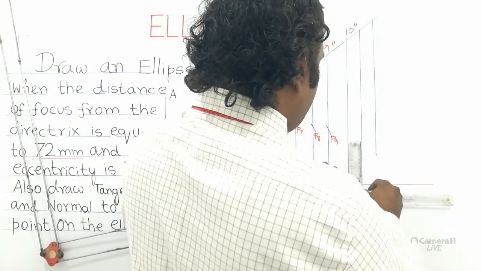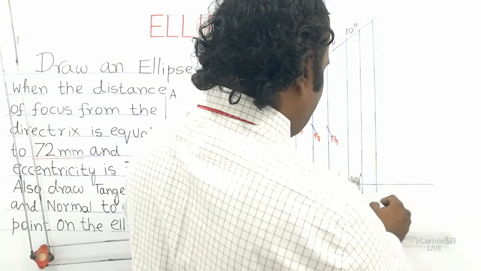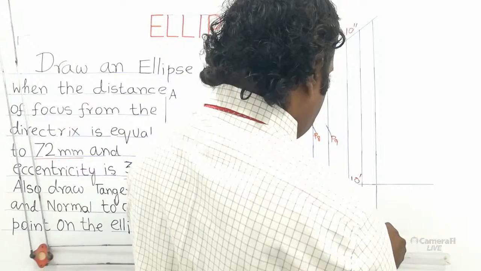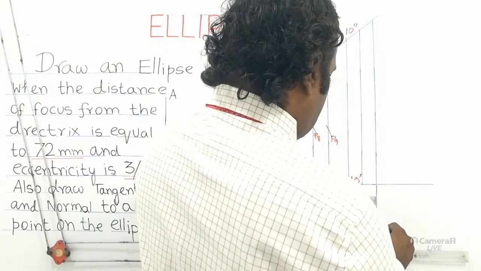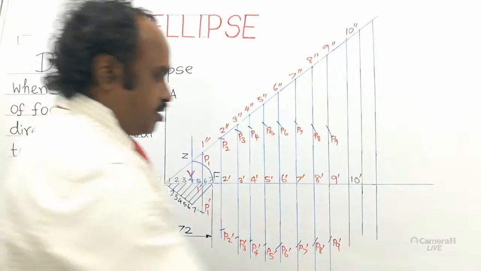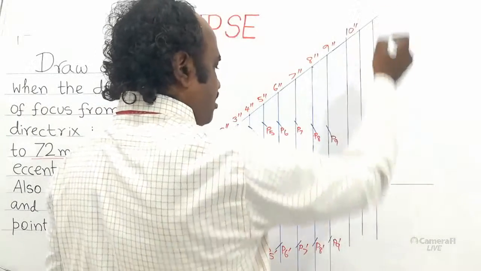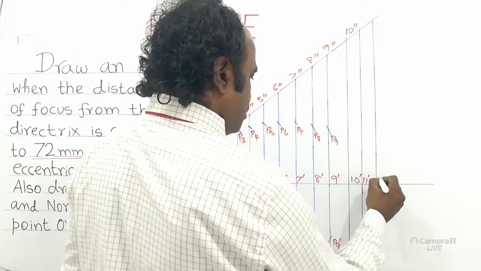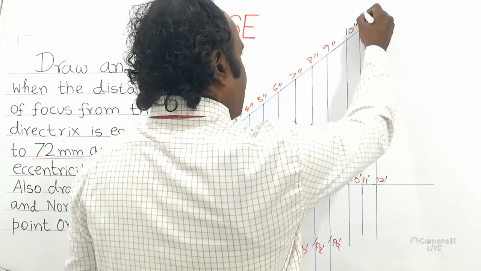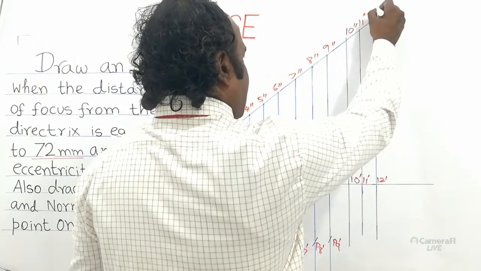Otherwise it will go across, and then you will not get a suitable ellipse. So 10 dash, 10 double dash distance. Then next 11 dash, 12 dash, 11 double dash, 12 double dash.